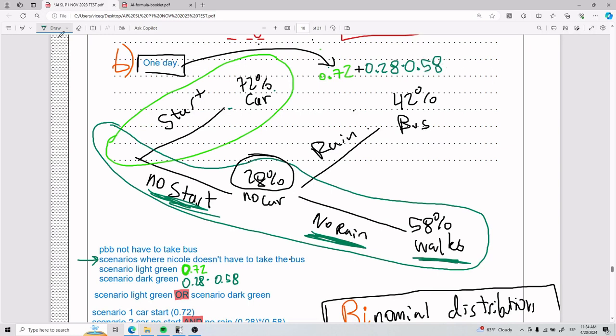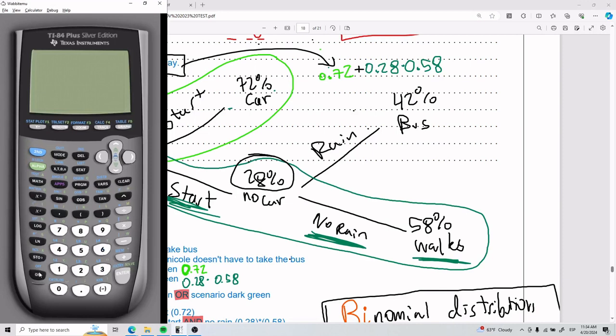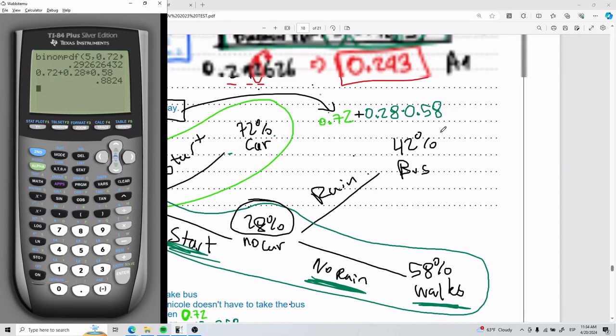And so you put all of that into your calculator and you find 0.72 plus 0.28 times 0.58. So this gives you 0.8824.